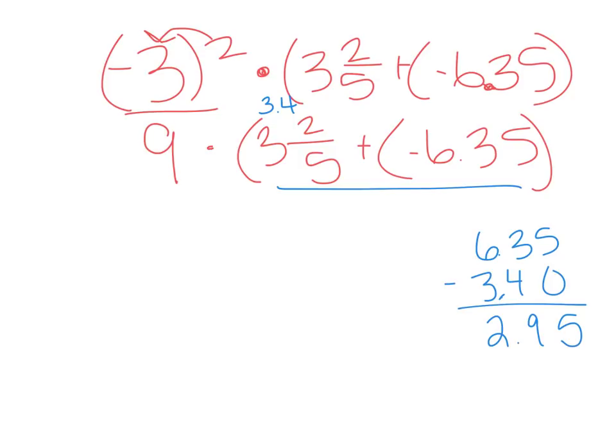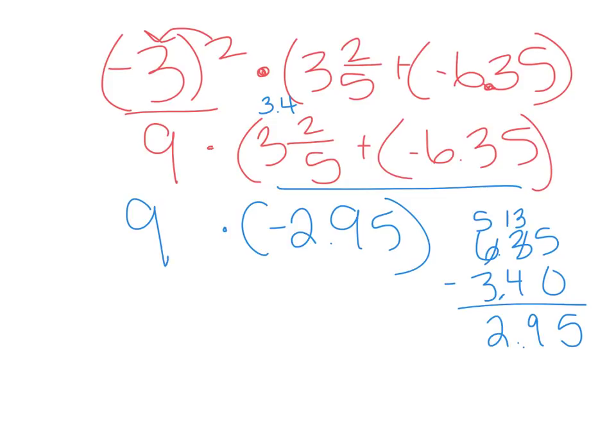Because 5 minus 0, we had to make this a 5, make this a 13. Yep, 9, bring your decimal down. Okay, so keep the sign of the larger, so it's going to be negative 2.95 times 9. So 2.95 times 9.